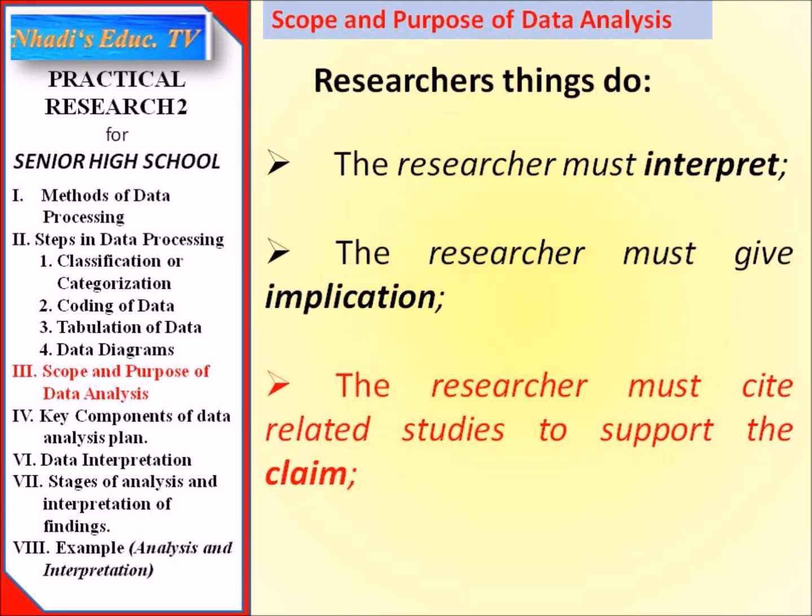And the last is the researcher must cite related studies to support the claim. We say support to the claim means that you need to look for other studies or related literature that has the same concept or interpretation or result from your study.